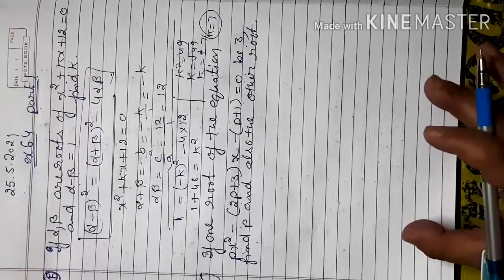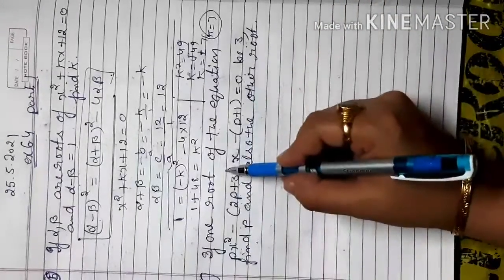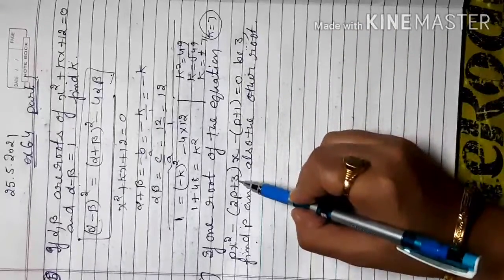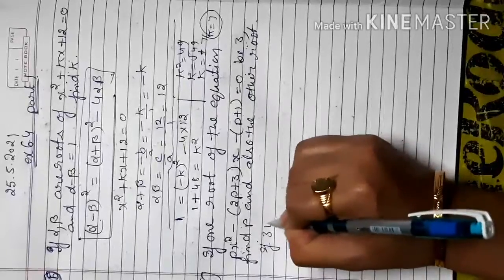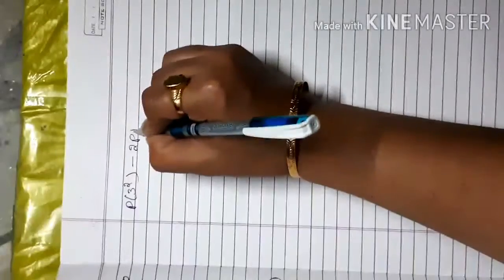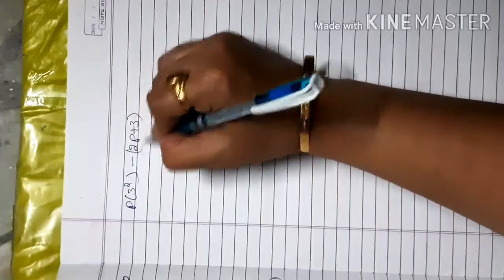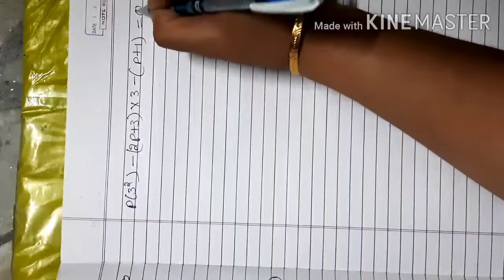So that is the meaning of a root. So if 3 is my root of this equation, that means 3 satisfies the condition, both left side and right side. So you have to put 3 in: p into 3 squared minus (2p plus 3) into 3 plus p plus 1 is equal to 0.